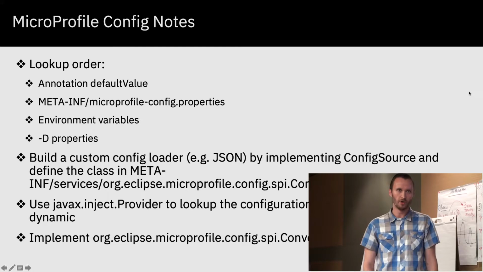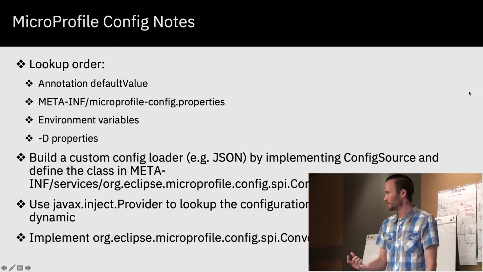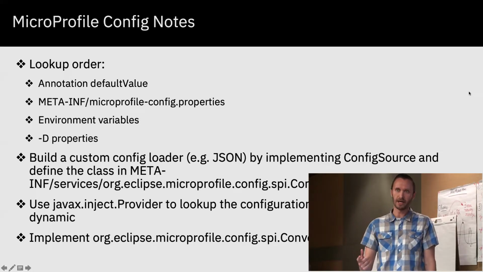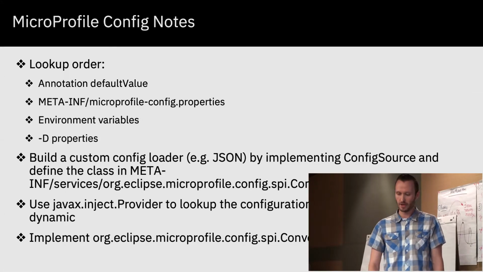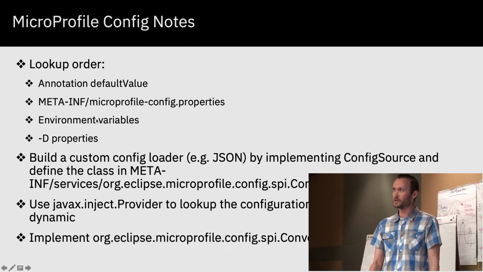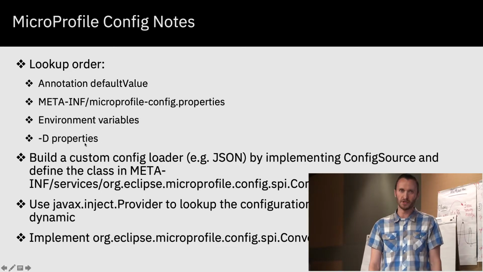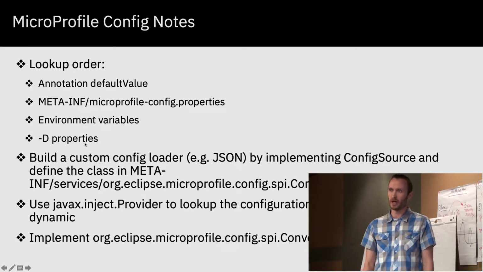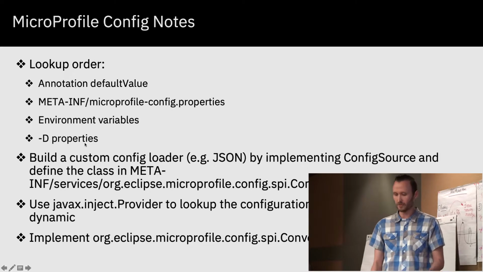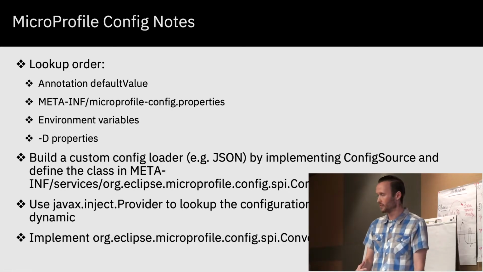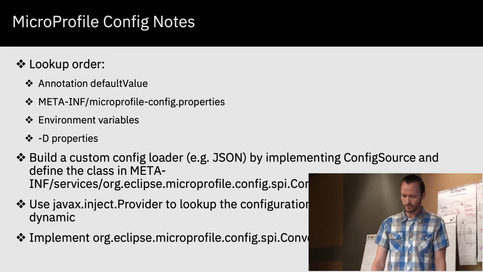There's a lookup order. First, it takes the default value, if there is one. That's overridden by any static configuration in the MicroProfile config.properties. That's overridden if there's an environment variable with that name, and that's overridden if there's a -D JVM argument with that name. So there's a hierarchy, and you can actually change this hierarchy if you want, but this is the default.